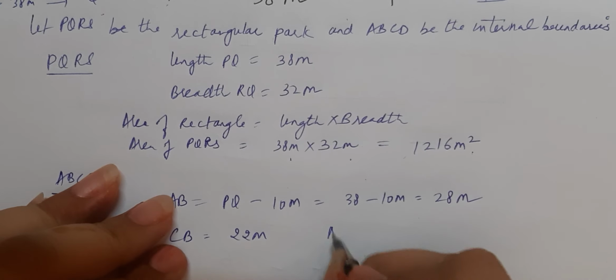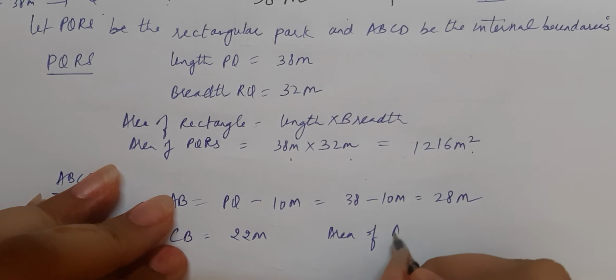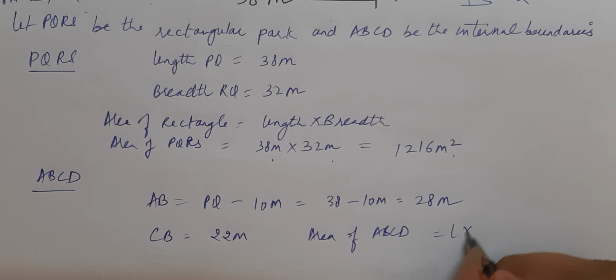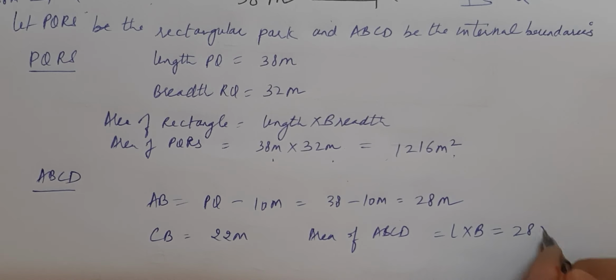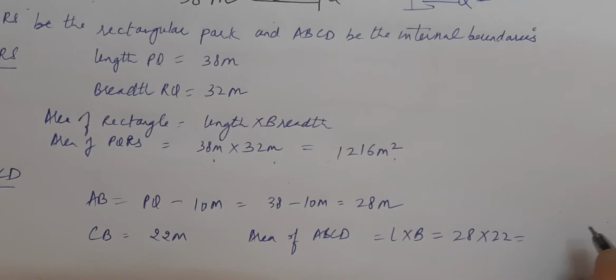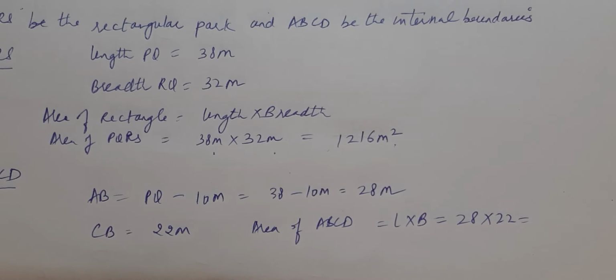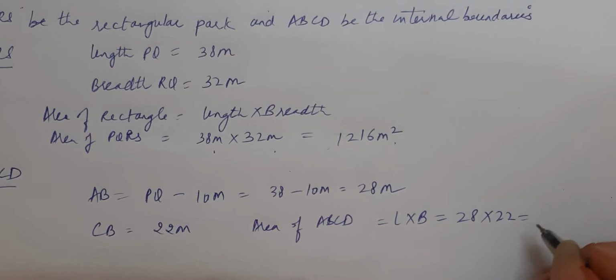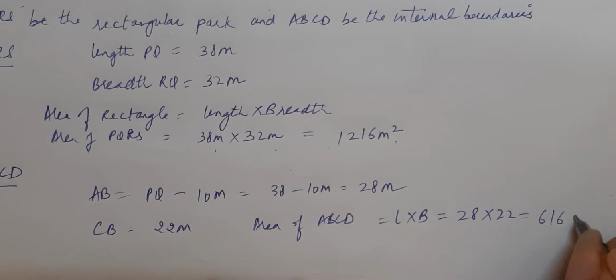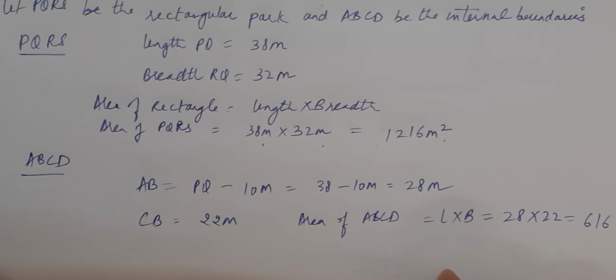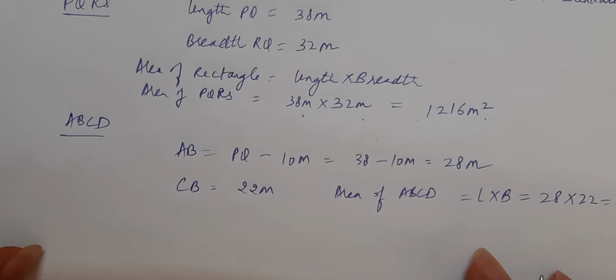Now area of ABCD will be length into breadth, that is 28 into 22, which is 616 meter square. Unit is very necessary because without the unit the value is not justifiable.